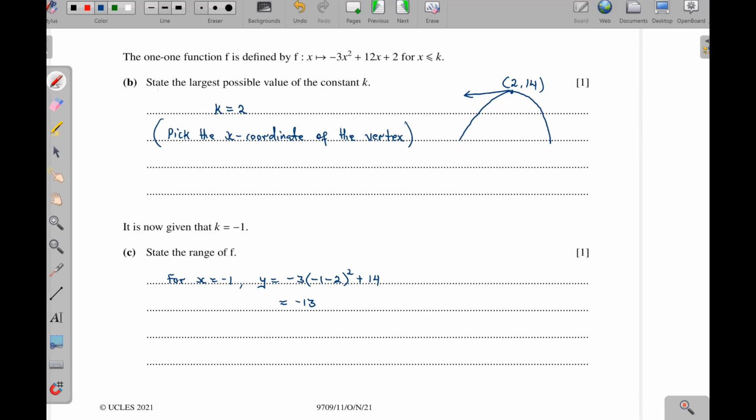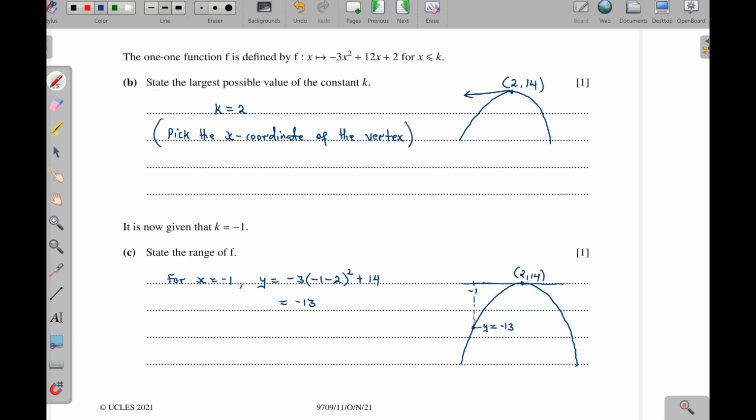So meaning that you are having something like this. Let me actually just put it here. You have this sketch, and at this point here, where x is -1, this one corresponds to a value of y here, okay, y which is equal to -13. Our vertex here is (2, 14), okay.